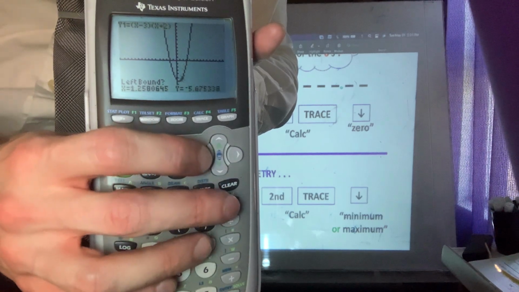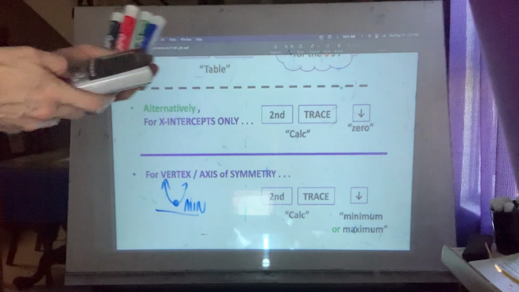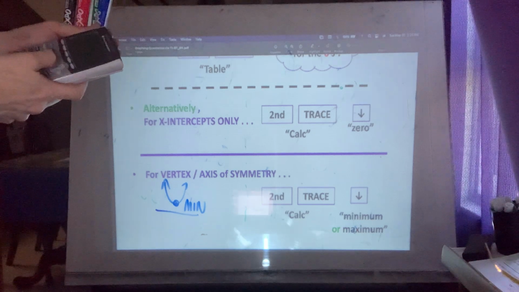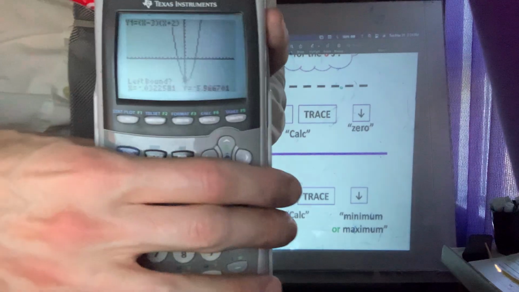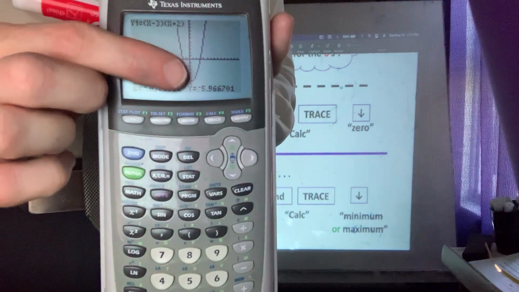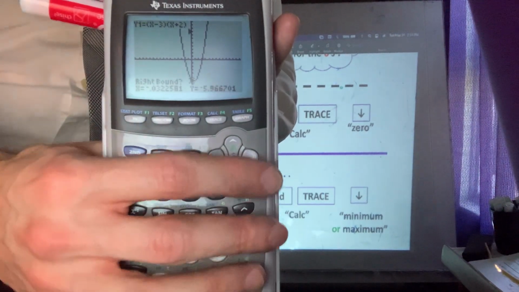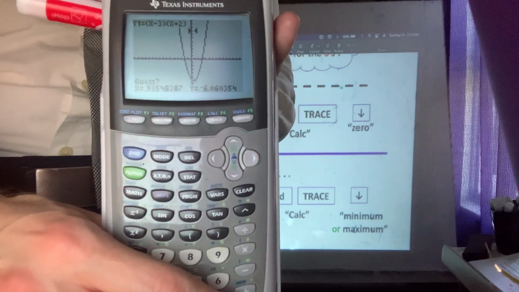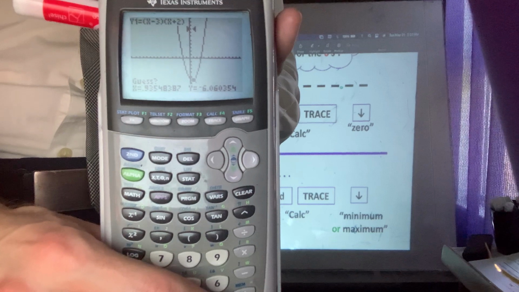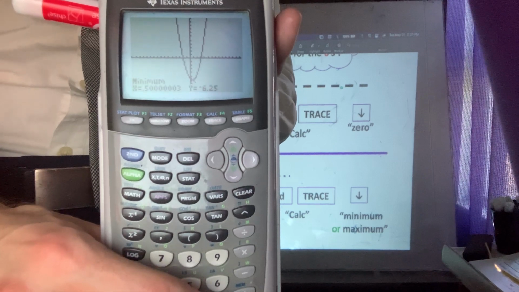So you're going to scoot down here, looking at it backwards. So the left boundary would be somewhere around there, the low point, what you expect, and the right boundary somewhere around there. And you tell it to guess, and it gives you some figures.